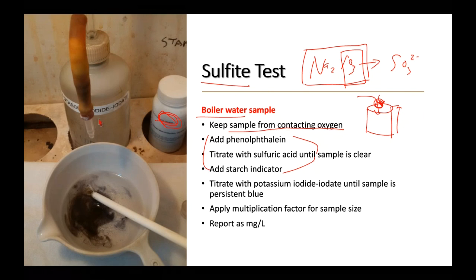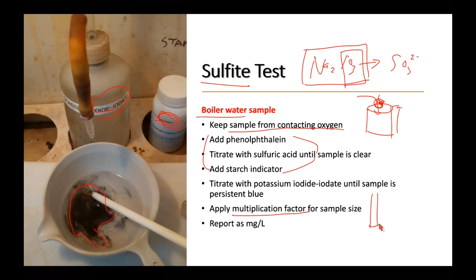And then we're going to titrate it with potassium iodide iodate until we get the sample persistently blue. Here you can see it's starting to turn blue, and then we reach the end point when the whole thing is blue. Then we measure how much potassium iodide iodate we added. We apply some kind of multiplication factor for the sample size.